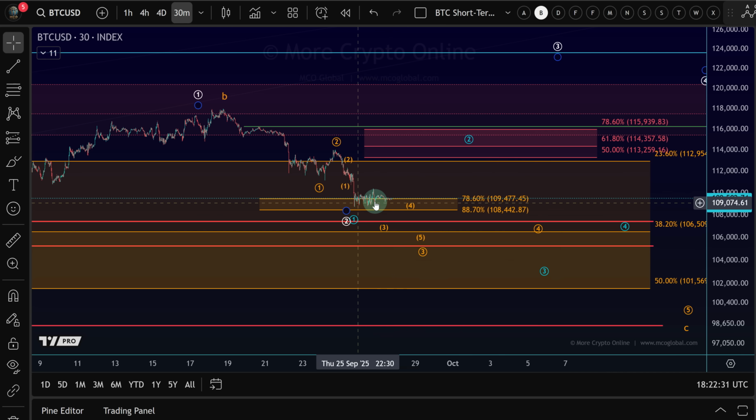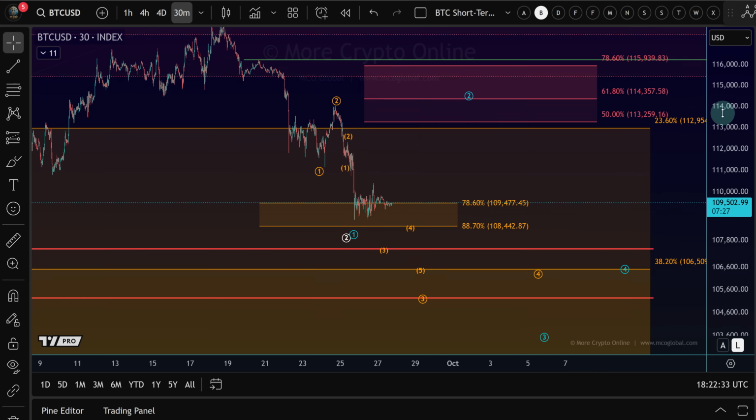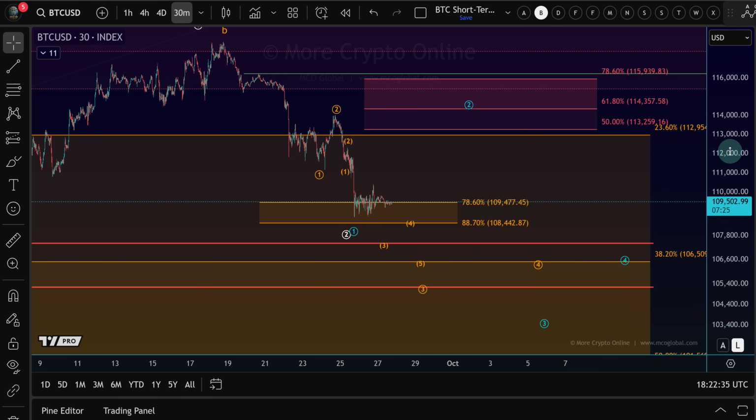It looks a little bit like a bear flag. But I think early tomorrow, we probably won't see much action. But late Sunday, as we move towards this weekly candle close, which I find quite important because of the 21-week moving average, we'll get a bit of a decision there if Bitcoin wants to close below that moving average or above.